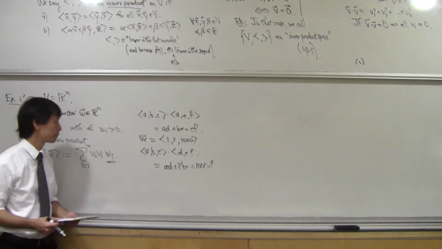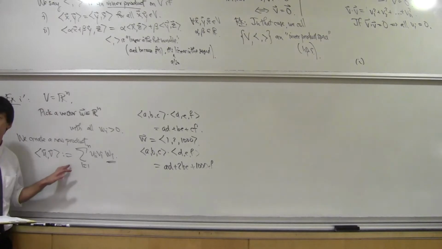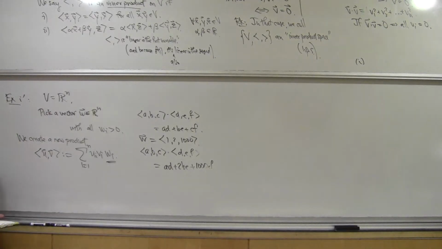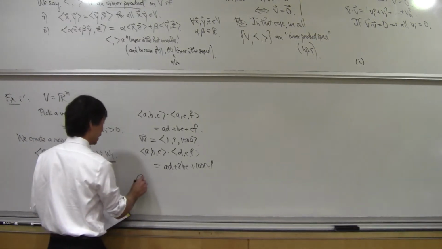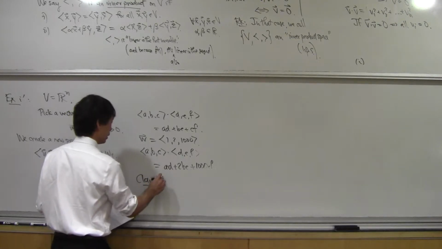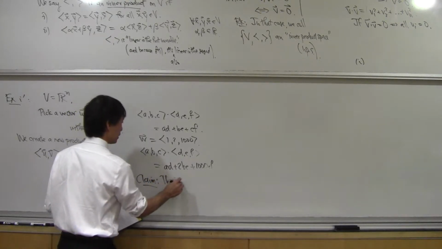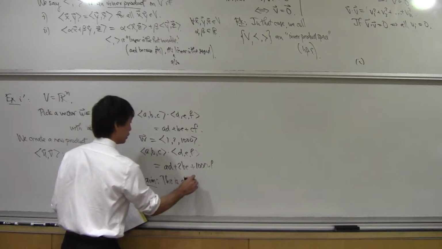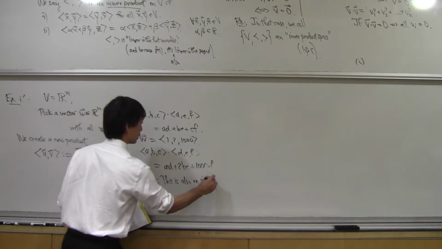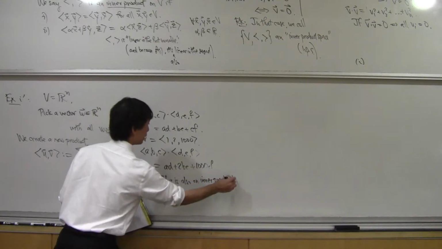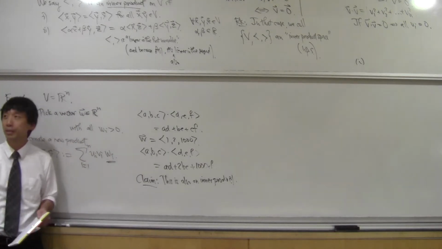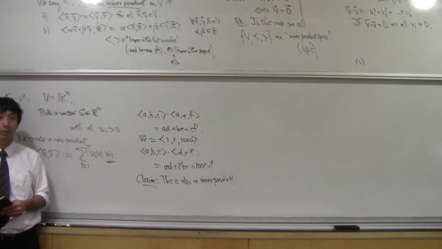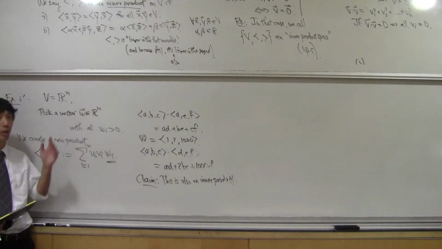So you create this new weighted product, and we claim that this is also an inner product. It is not the dot product that we had before, but it's a different inner product on Euclidean space.